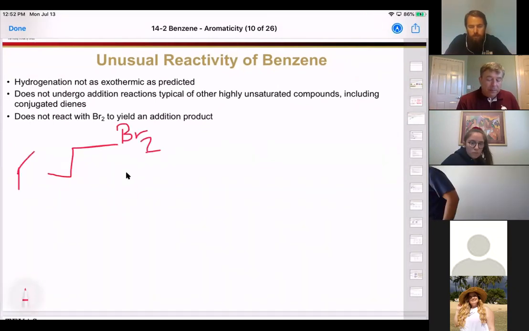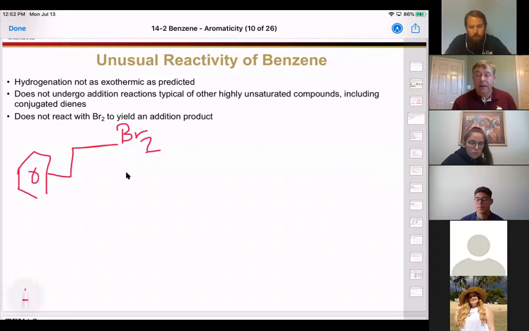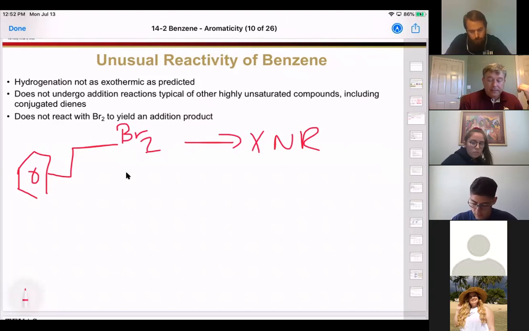Well, if we do that with benzene, with just bromine and heat, no reaction, okay? And if we wanted to oxidize it as if it was an alkene, you can oxidize your alkene down to a carboxylic acid using something like potassium permanganate.